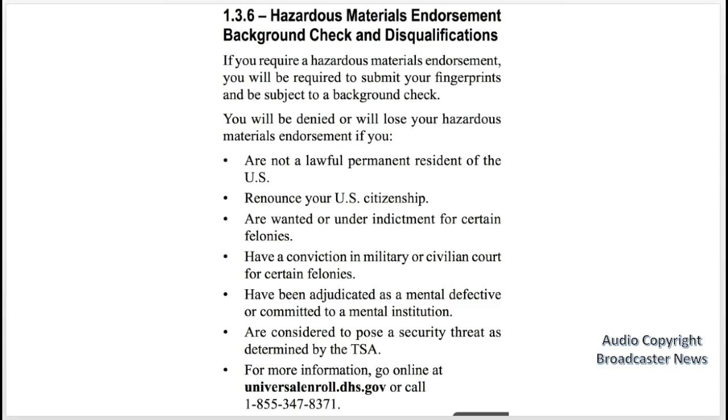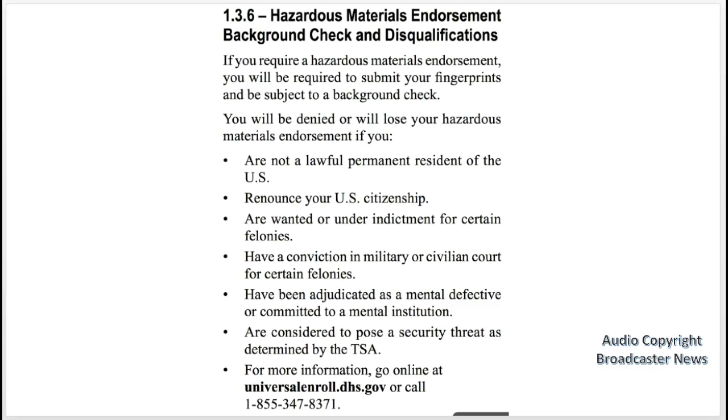You will be denied or lose your hazardous materials endorsement if you are not a lawful resident of the United States, or renounce your citizenship, or are wanted or under indictment for certain felonies, or if you have a conviction in military or civilian court for certain felonies, or you have been adjudicated as a mental defective or committed to a mental institution, or are considered to pose a security threat as determined by the TSA.